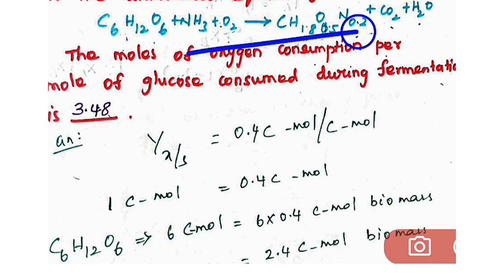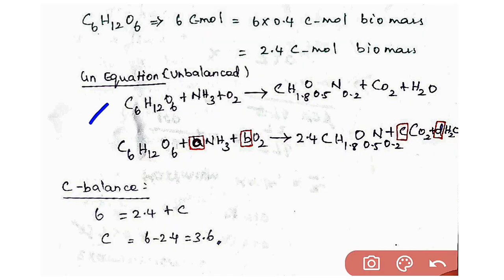So your given unbalanced equation is glucose plus ammonia plus oxygen gives biomass plus carbon dioxide plus water. Here we have to balance the equation for 1 mole of glucose. 1 mole of glucose plus A mole of NH3 plus B mole of oxygen gives 2.4 moles of biomass, since we found that 6 C mole gives 2.4 C mole biomass, plus C moles of carbon dioxide and D moles of H2O.